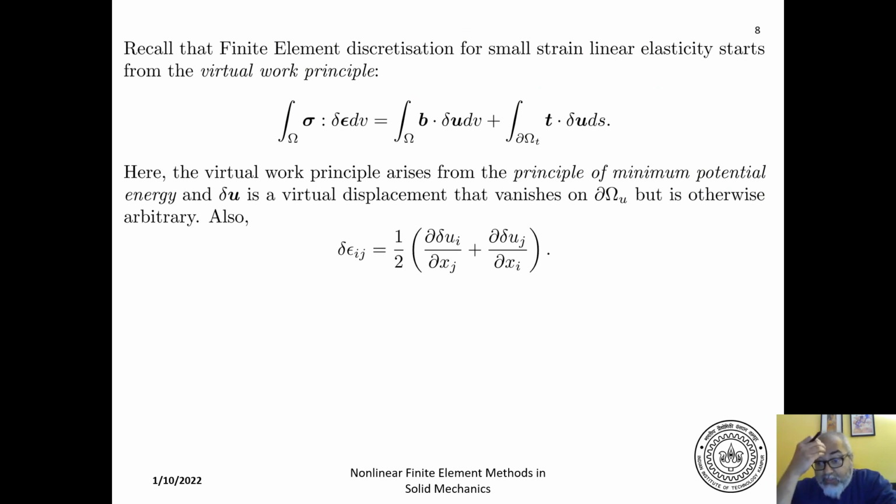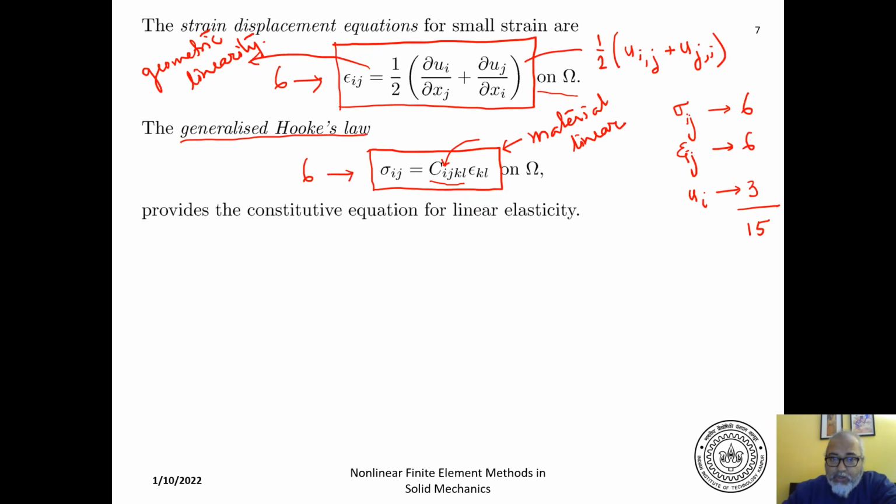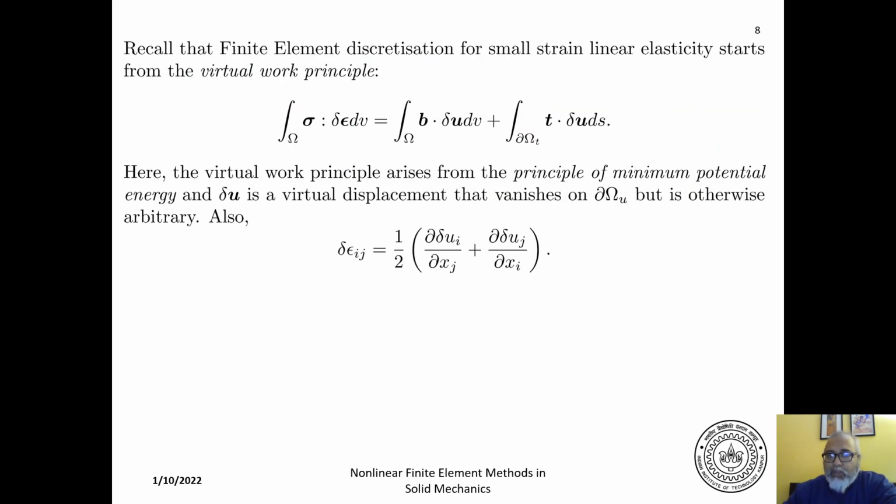Now, in doing finite element discretizations, we generally do not go by the strong form of the equations, but we frame a weak form, which is also known as a virtual work principle. Now, the virtual work principle, we will deal much more with this. So the virtual work principle simply says that the internal virtual work is equal to the external virtual work.